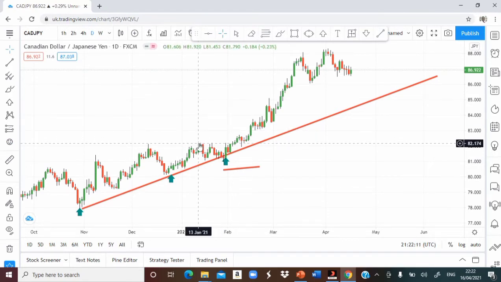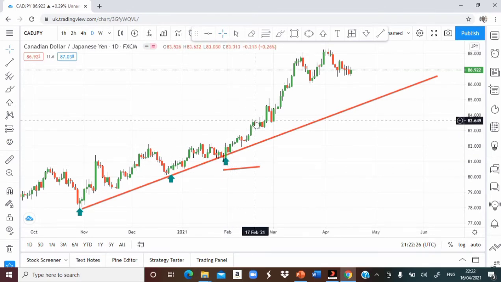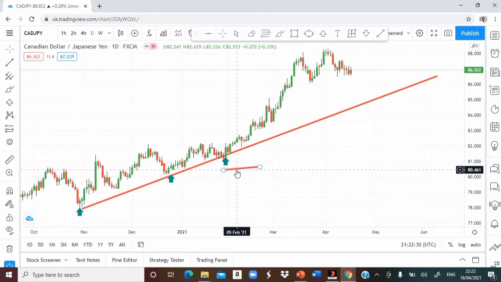A trend line respects support and resistance zones. You can take your profit in the next support and resistance zone, or you can do what is called a trailing exit. If you had entered here and price moves to this line, you move your stop loss to your entry.